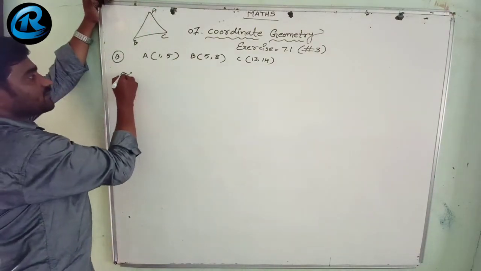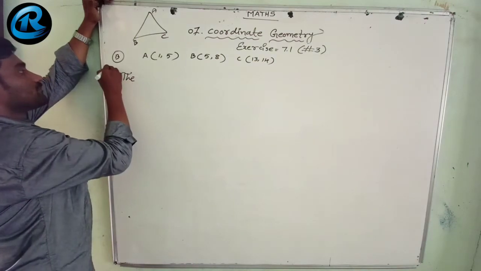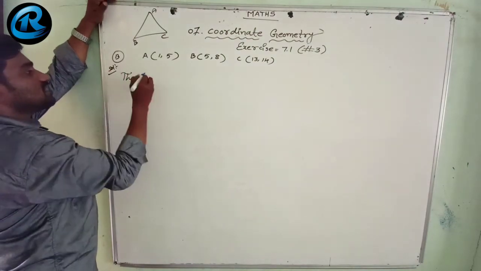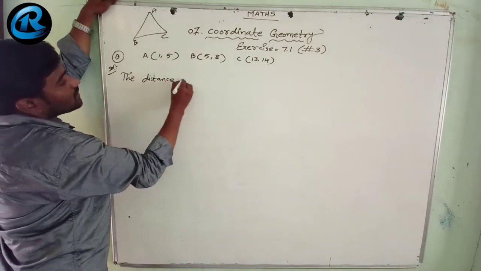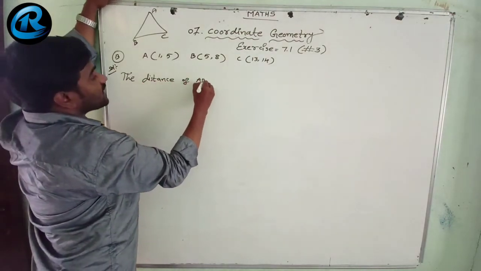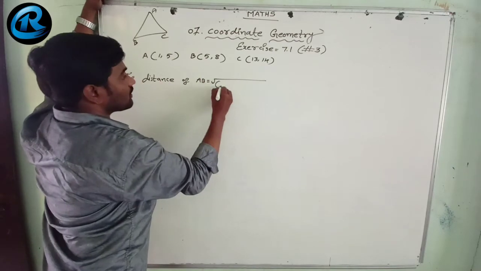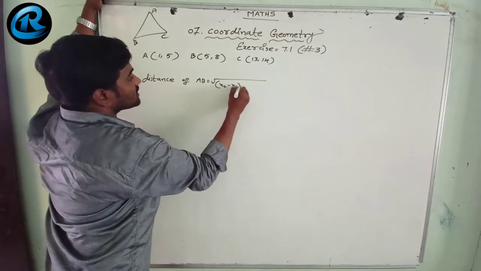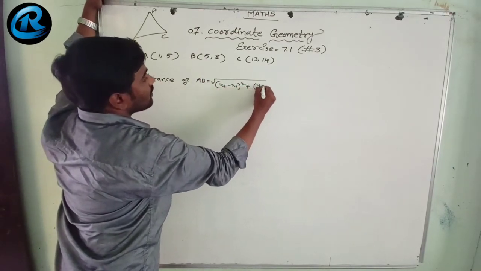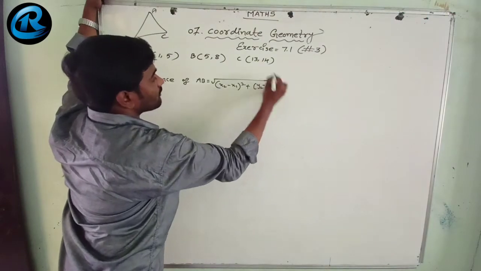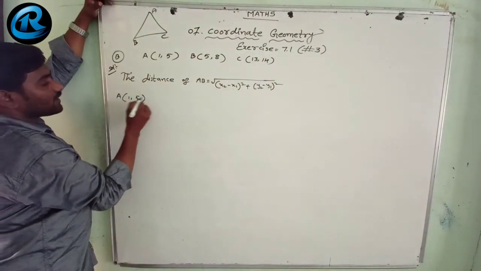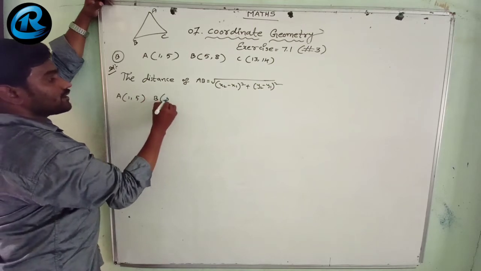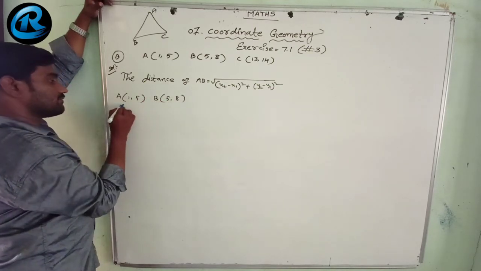The distance of side AB equals the square root of (x2 minus x1) whole square plus (y2 minus y1) whole square. Here point A is (1, 5) and point B is (5, 8).